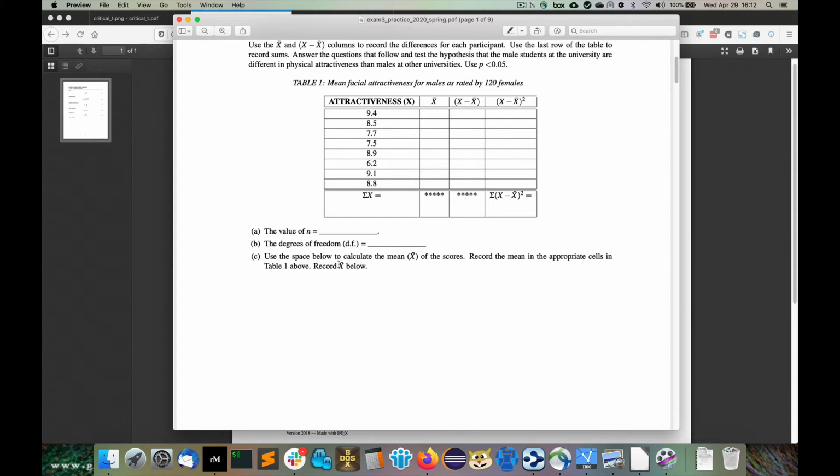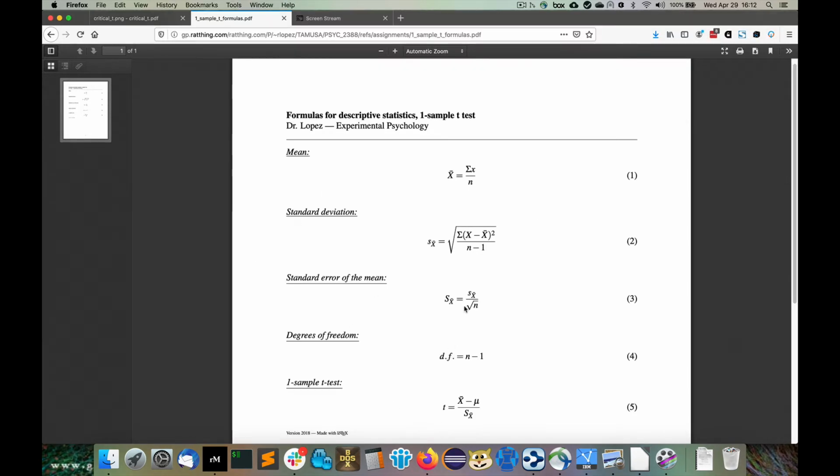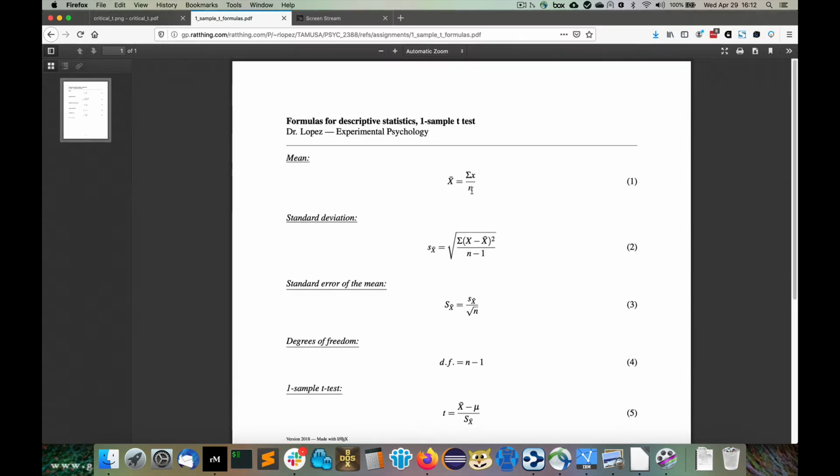Now, use the space below to calculate the mean. So in order to calculate the mean, you go to your handy-dandy formula, and you know that the mean is equal to sigma x over n. Okay, so we know n, which is 8. So now we need to figure out what sigma x is. Sigma x represents all the scores added together.